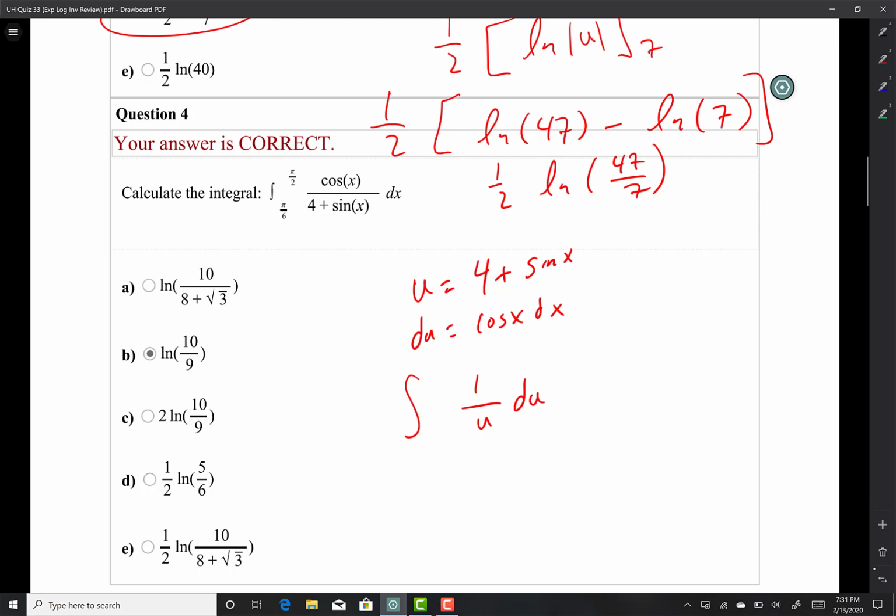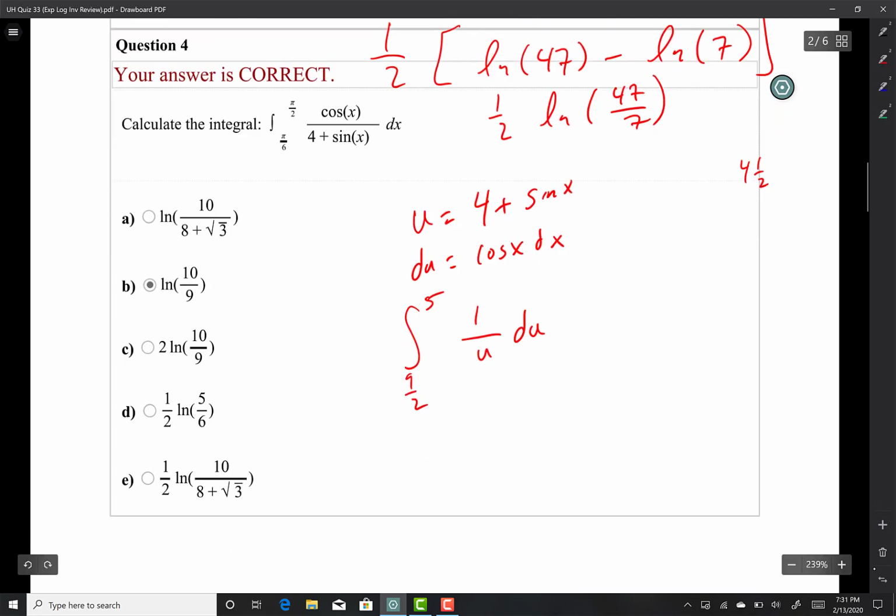When x is pi over 6, sine of pi over 6 is a half. So 4.5, that's 9 over 2. And then when x is pi over 2, sine of pi over 2 is 1. So 4 plus 1 is 5. So there's my new limits.